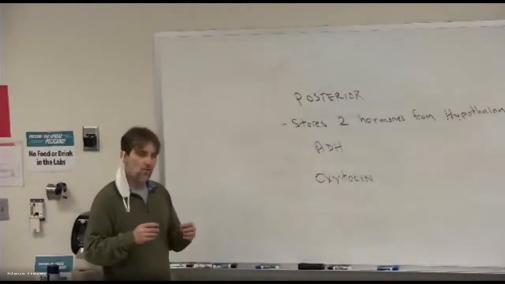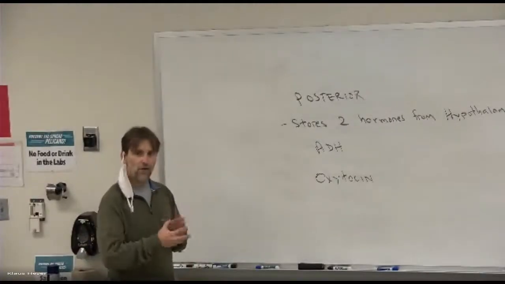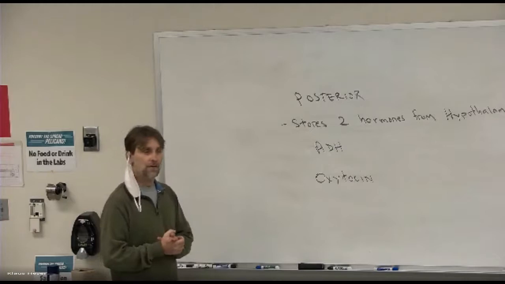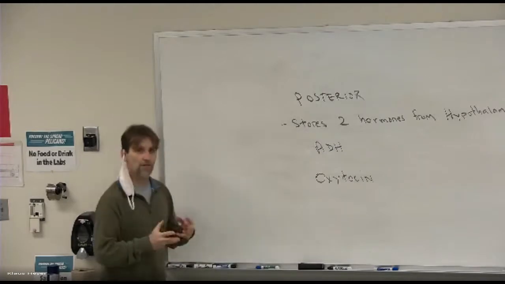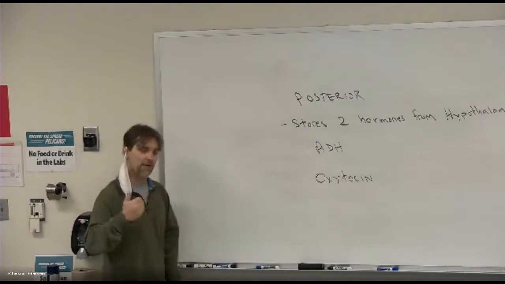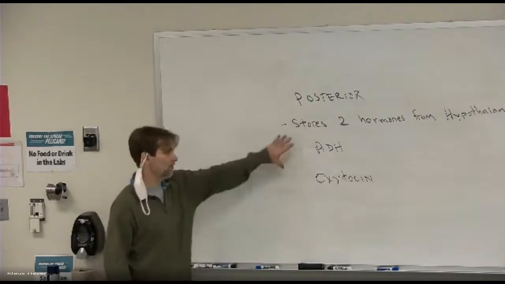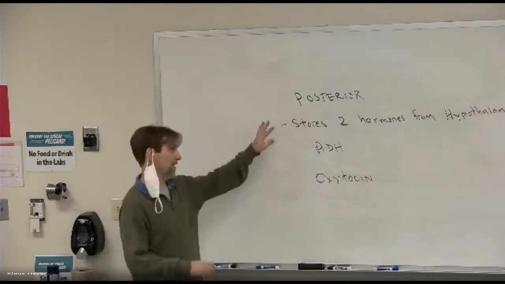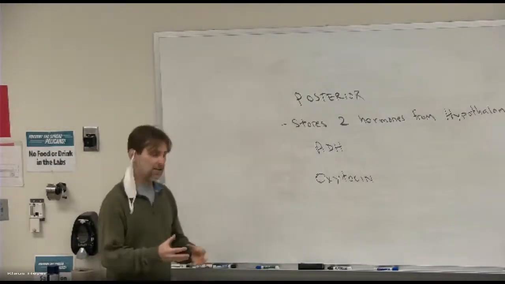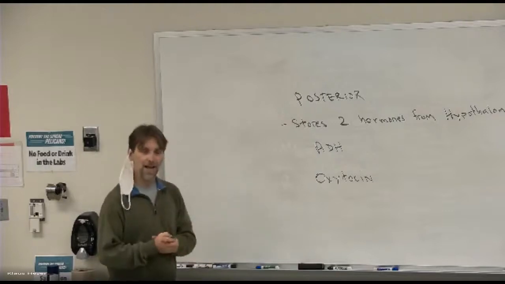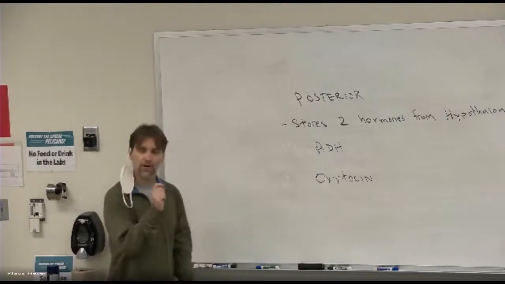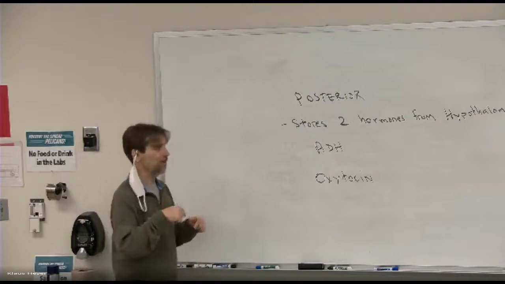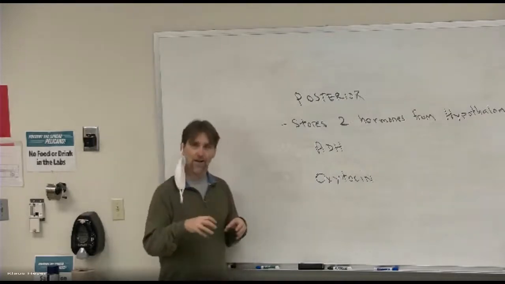There are no releasing hormones for this. All the anterior ones, the 7 we talked about, they each have releasing hormones. Here, no. The hypothalamus made it, stuck it in the posterior pituitary gland, and it just gets released when it's triggered by, there's like nerves. You got nerve endings all in there.